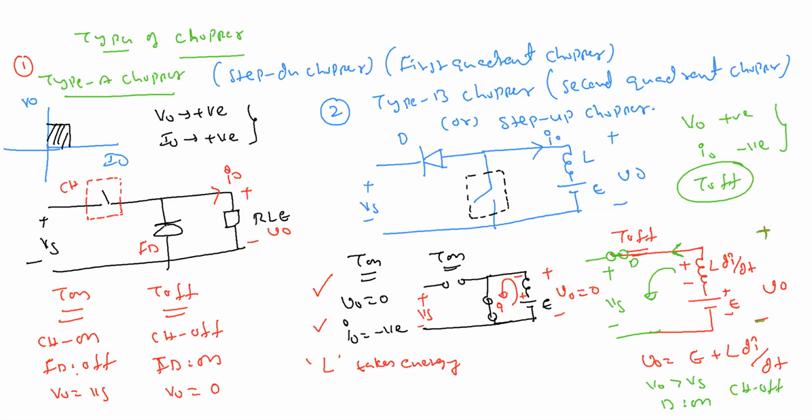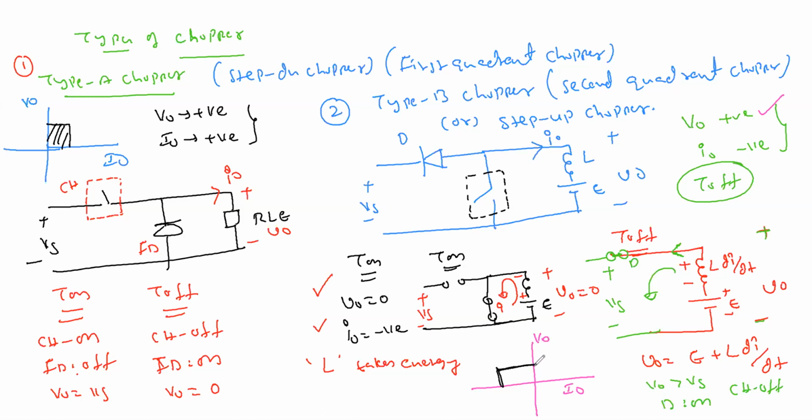सो आप quadrant के फॉर्म में ड्रॉ करो. If you draw in quadrant here now, I'm just trying to draw. Quadrant is V0 and I0. V0 is positive, इधर 0 है, ठीक है, छोड़ दो. दोनों on and off में current is negative. So this means this is a second quadrant operation.